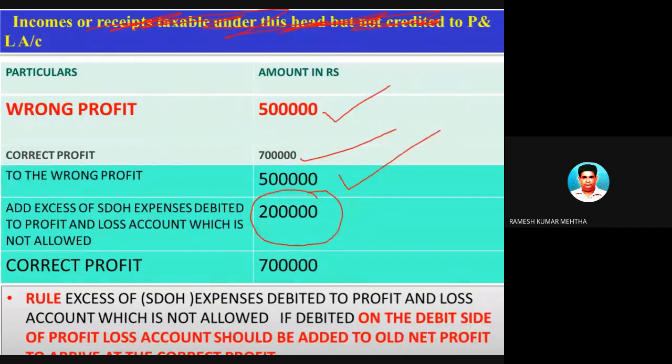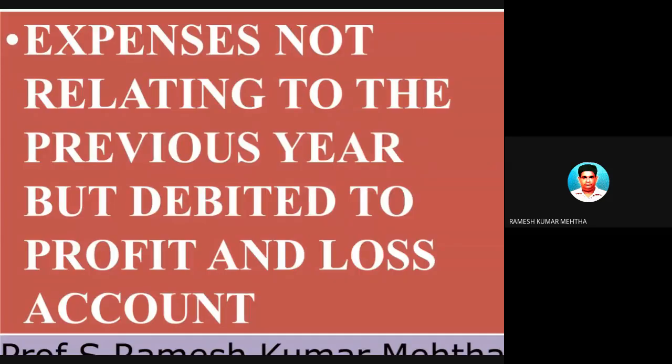If you add this, you will get the right figure, which is 7 lakh rupees. Hope you have understood. So what is the rule? Excess of selling and distribution overheads debited to profit and loss account, which is not allowed, if it is shown on the debit side of profit and loss account, that excess amount should be added back to the old profit to arrive at the right or accurate profit. Hope you have understood it.